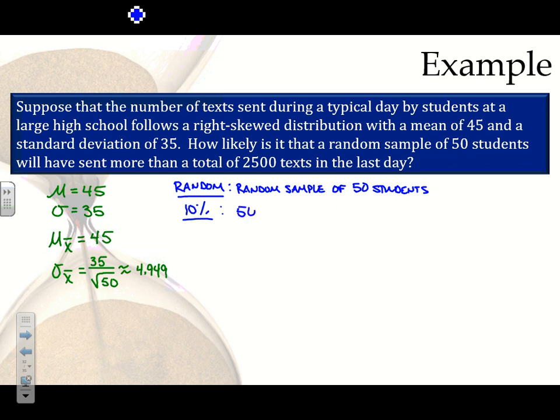So 50 should be less than 10% of all students at a large high school. The way to think about that is 50 is 10% of 500. Is it likely that there's more than 500 students in a large high school? Yes.